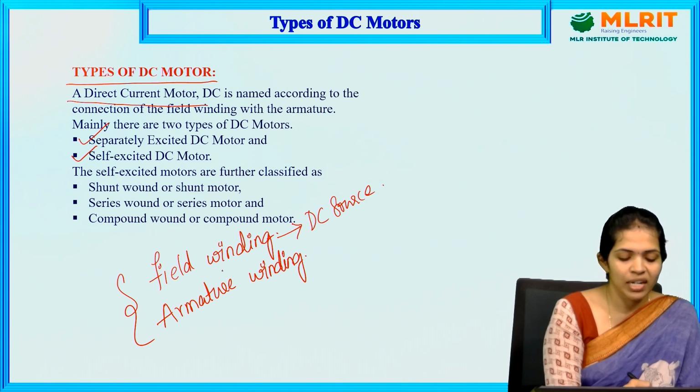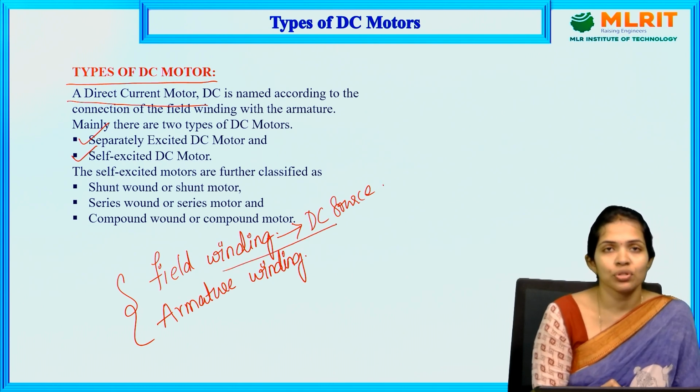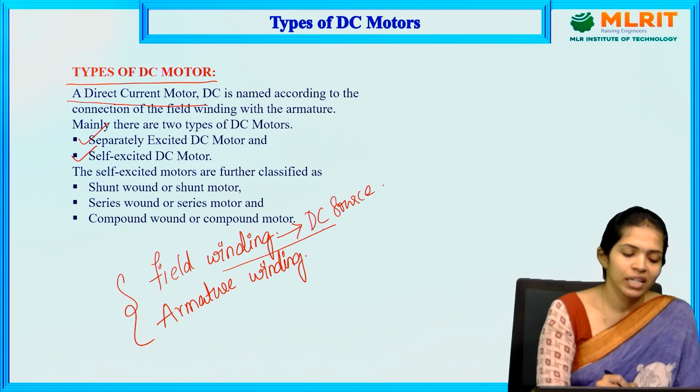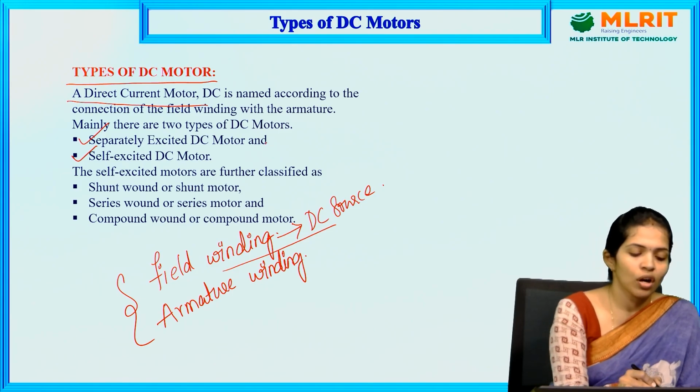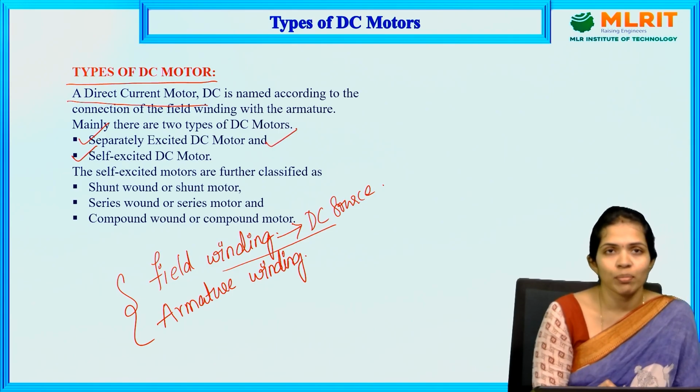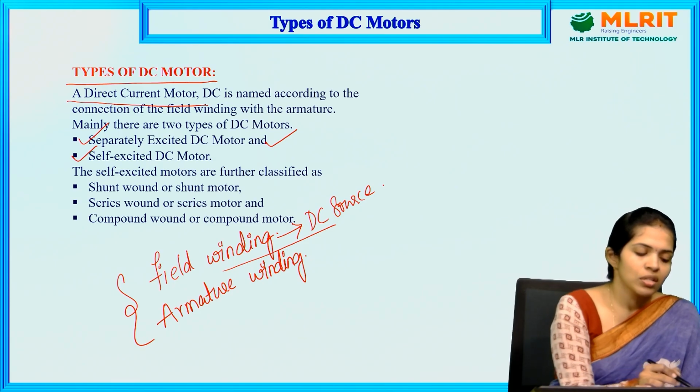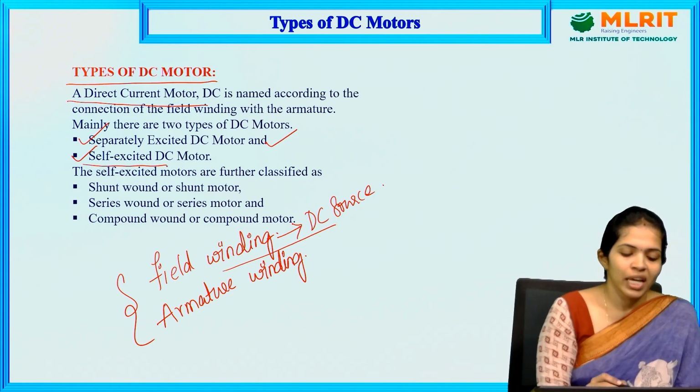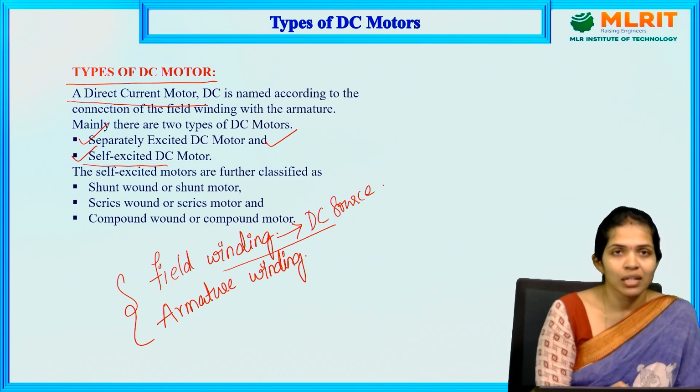This kind of motor, with separate excitation of the field winding by a DC source, is called a separately excited DC motor. In a self-excited DC motor, the excitation is given by the current within the machine or the motor itself.